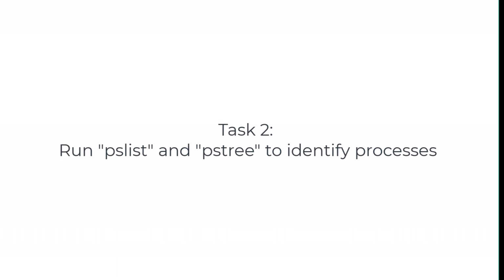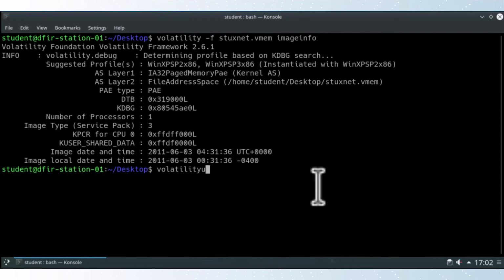Task 2. Run pslist and pstree to identify processes. We'll start off with the volatility command. Of course, the hardest part about volatility is spelling volatility. I'm going to name the image -f stuxnet.vmem. I'm going to add in the profile that we had before, which is profile Windows XP SP2 x86.